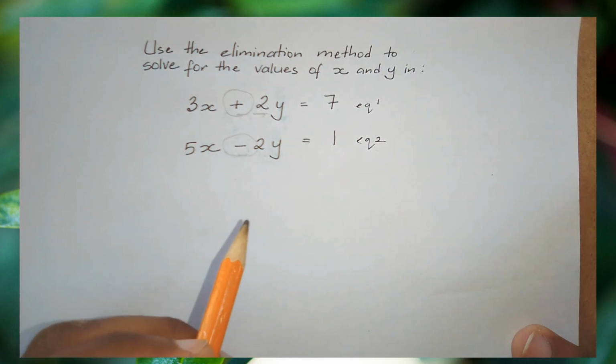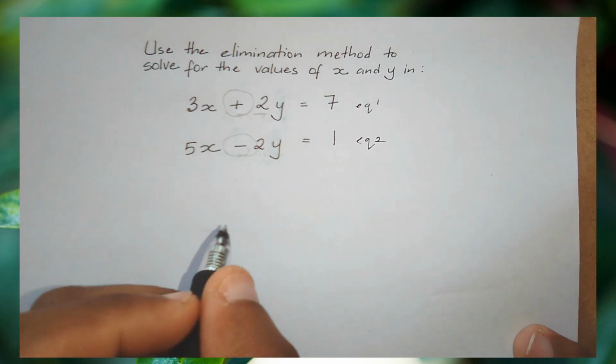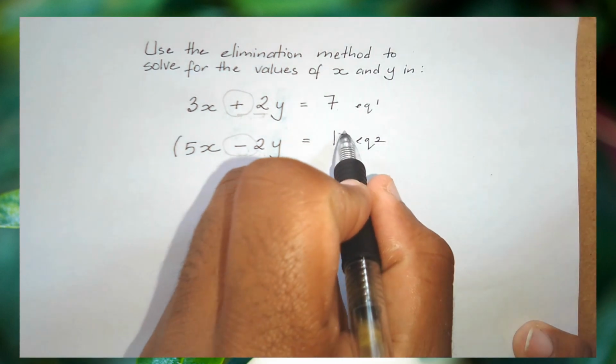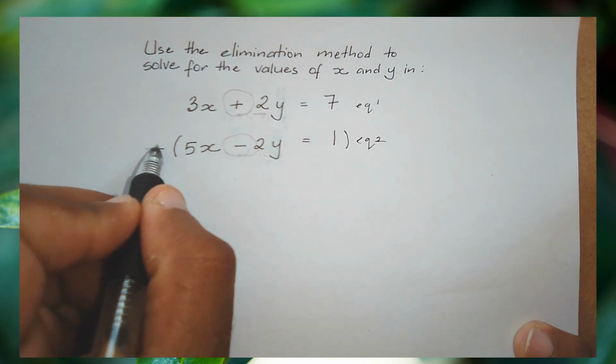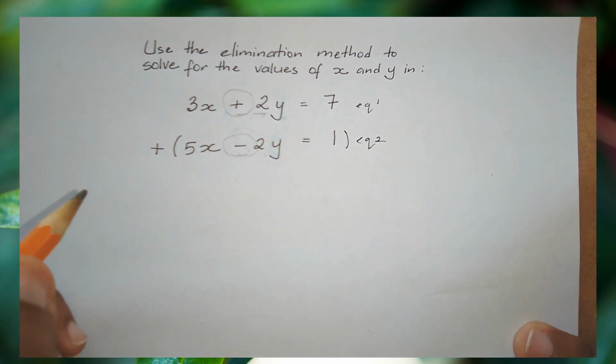Right? So I'm going to go ahead and show you what I would do. I would do this to the entire equation 2, and then I'm going to add them. Look at what happens, and I think this is very interesting.